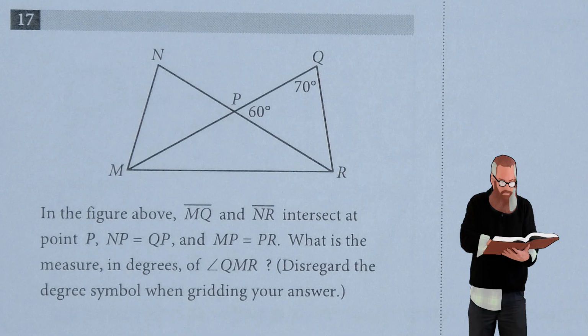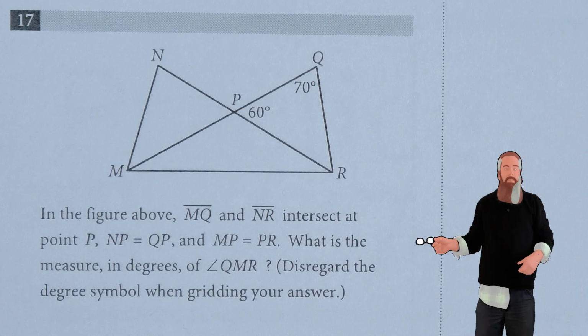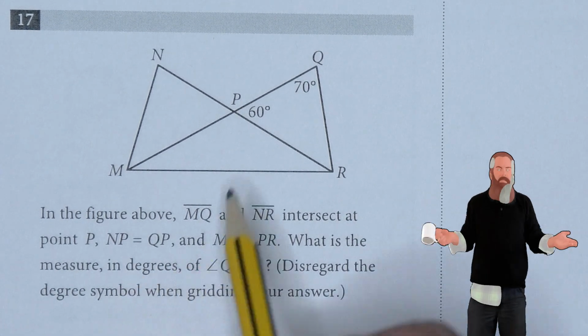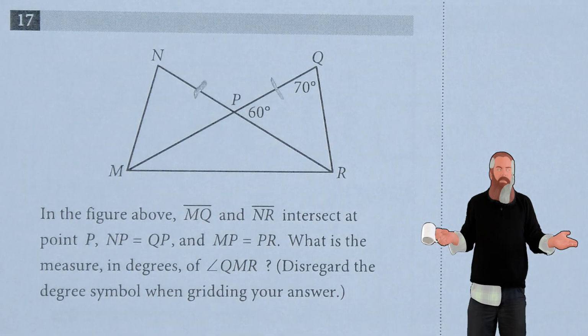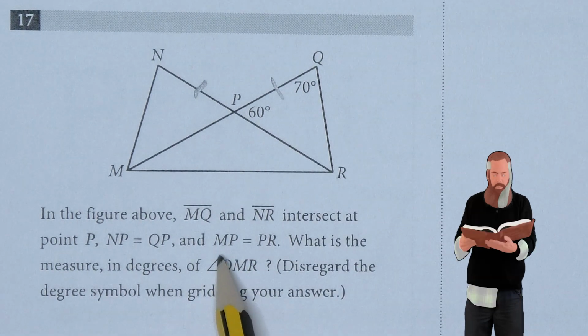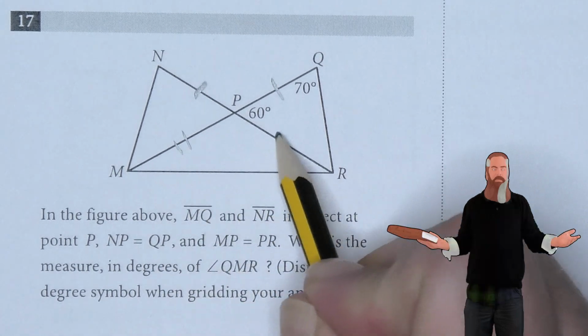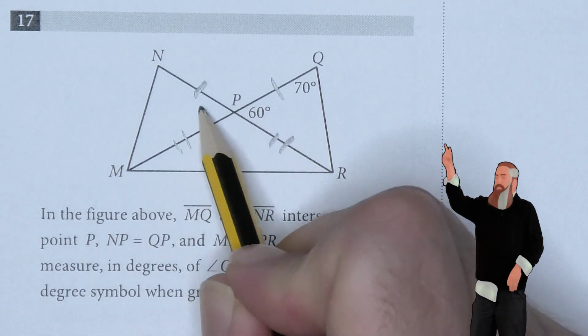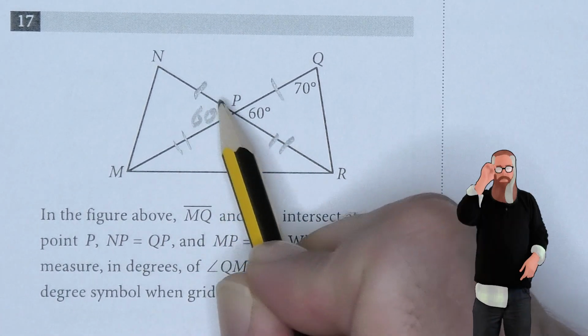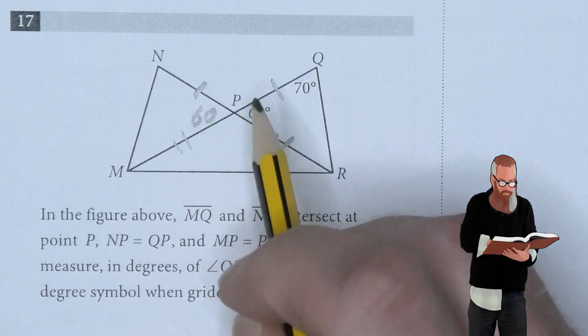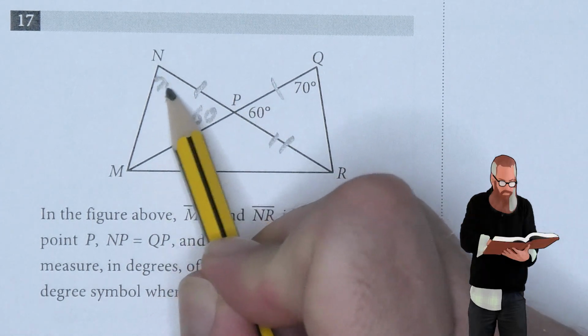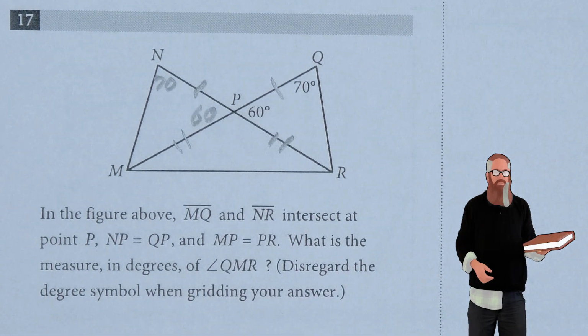So let's start with some very simple things here. NP is equal to QP means I can go ahead and mark those as the same. MP is equal to PR means I can mark these as the same. Now these are vertical angles, meaning this is 60 degrees. Means I have an angle side angle triangle congruence, so angle N is 70 degrees.